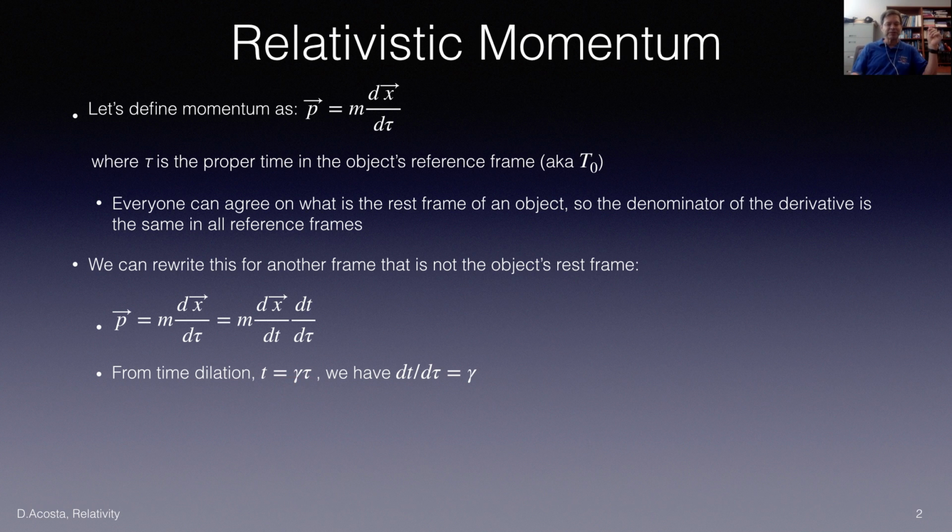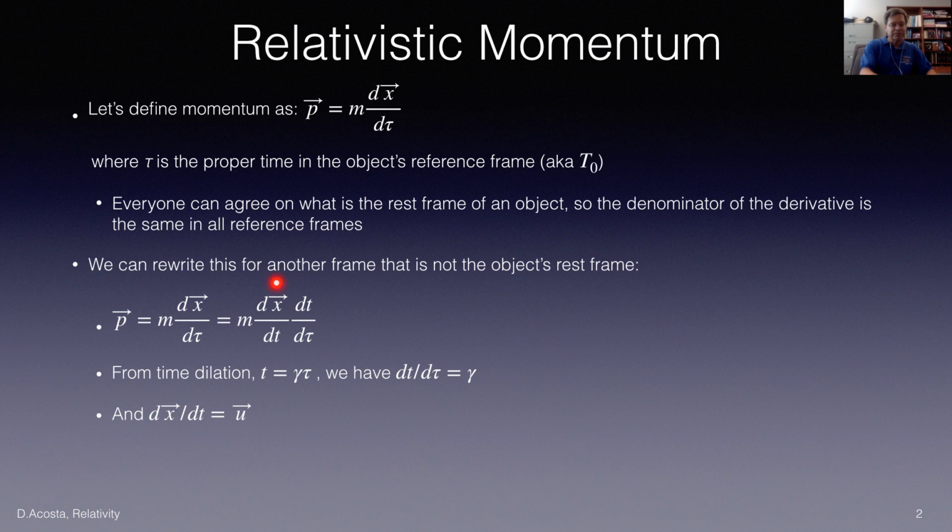It differs by a factor gamma. So if I'm in the rest frame and I want to go to a frame that's not the rest frame, I have to multiply the time in that rest frame by gamma. So from this relationship, dt/d tau, the derivative of gamma tau with respect to tau, is just gamma. So this dt/d tau is just the factor gamma.